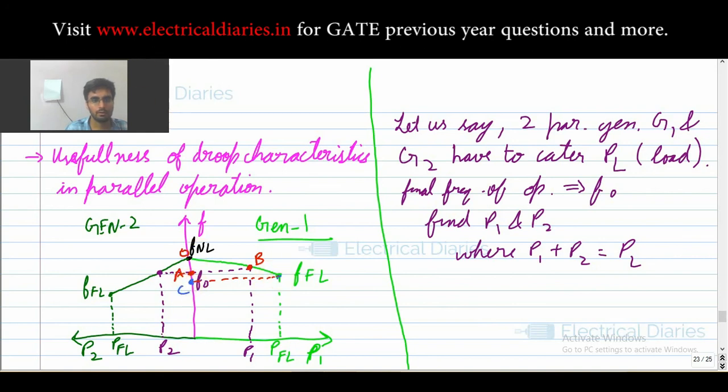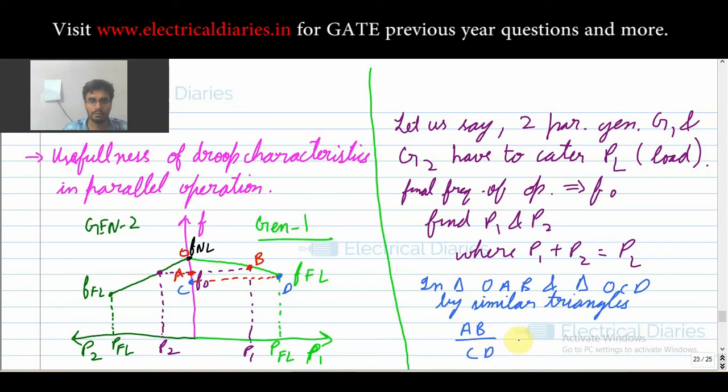C, D. In triangles OAB and OCD, by similar triangles, we can calculate P1. How? AB by CD is equal to OA by OC.